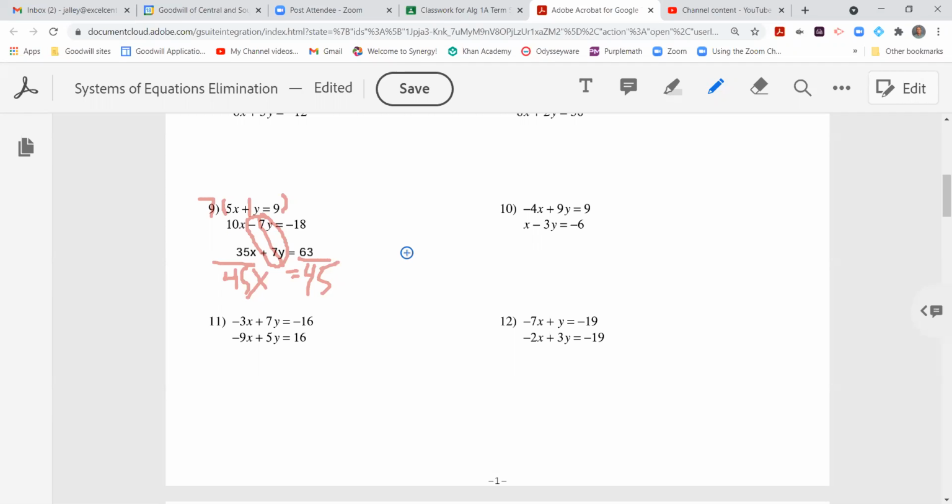The numbers got kind of high once you multiply by 7, but you got to just trust that it's going to work out in the end. We could have said we're going to eliminate the x terms instead. Then I would have used a different multiple, because then I need the x coefficients to match up.